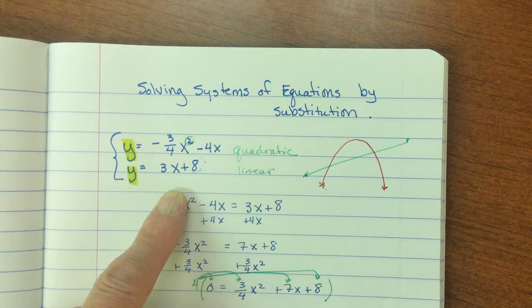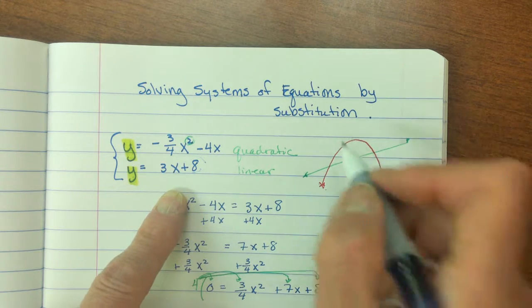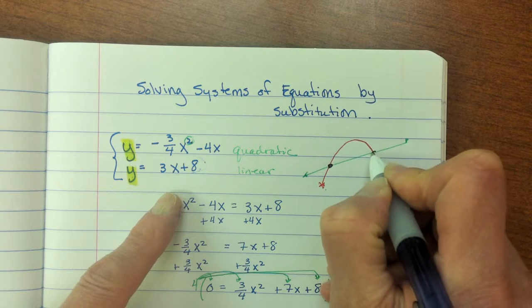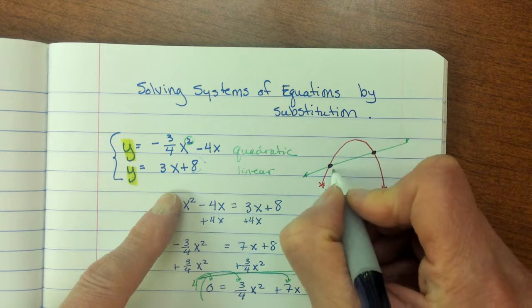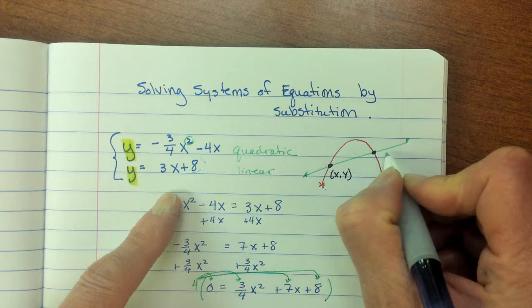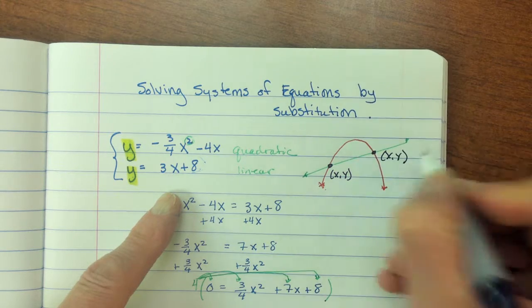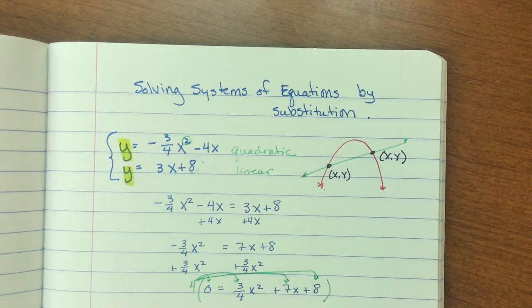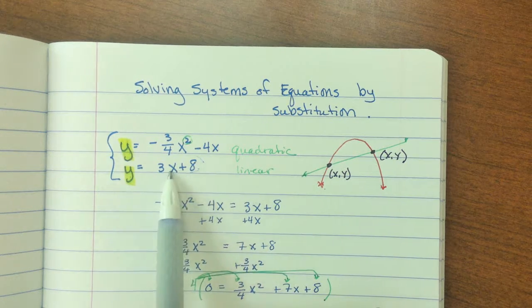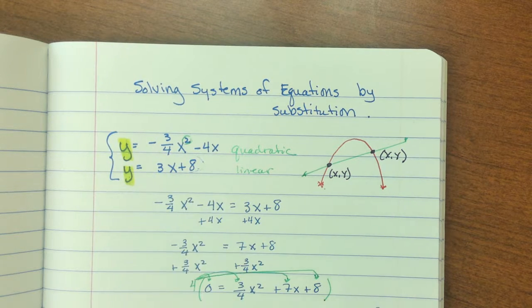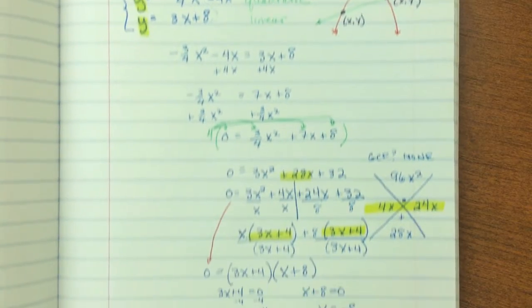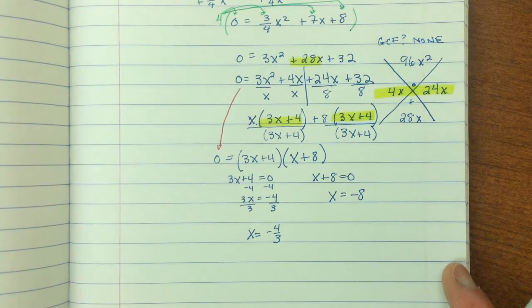So in my system, my solution is here and here. They're points, and they have an xy coordinate value. I found the x's, now I have to find the y's. The easiest way to find the y is to substitute x back into the easiest equation, which would be our linear one.